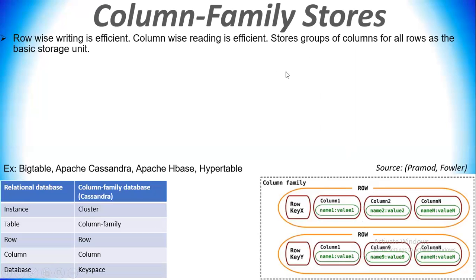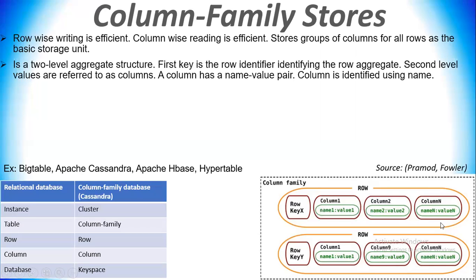So what it does is it will store a group of columns for all rows as the basic storage unit. So this is the group of columns for each row, and the number of columns can be different. Okay. So it is a two-level aggregate structure.